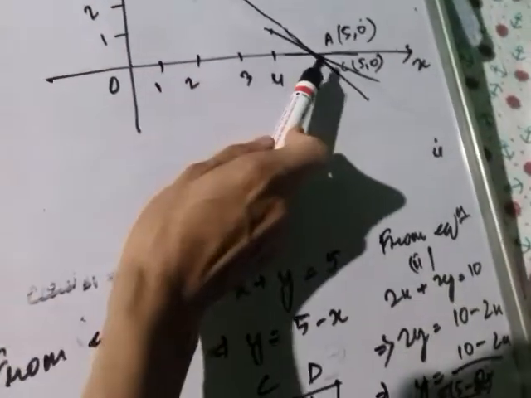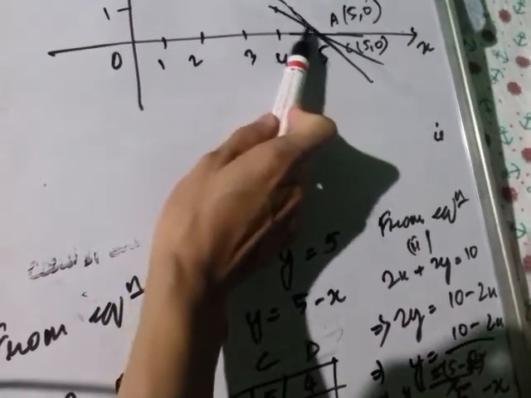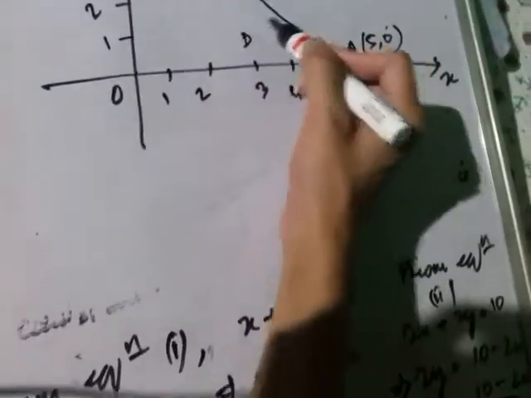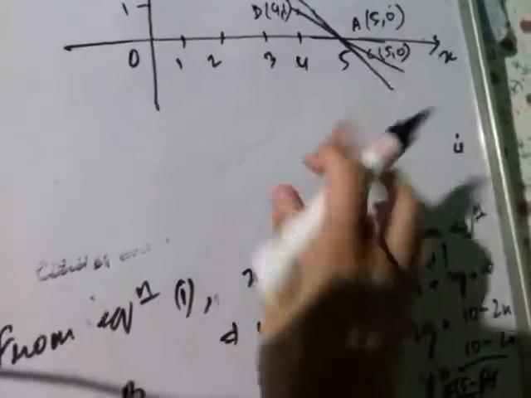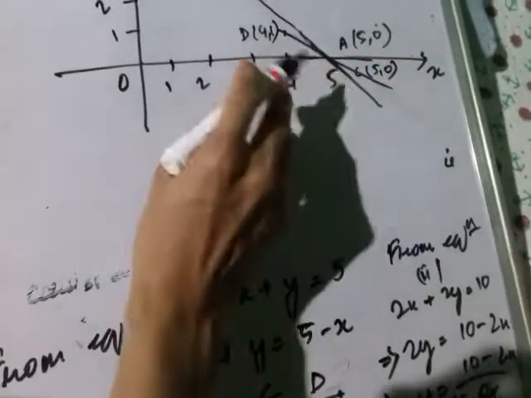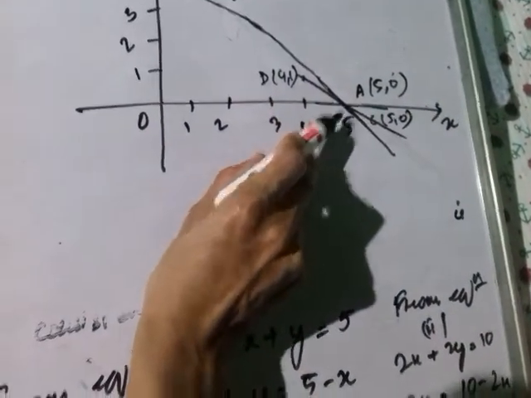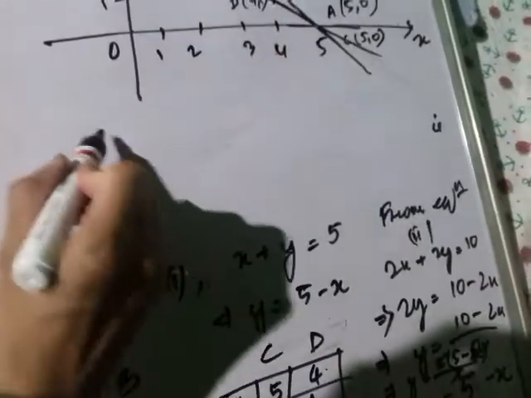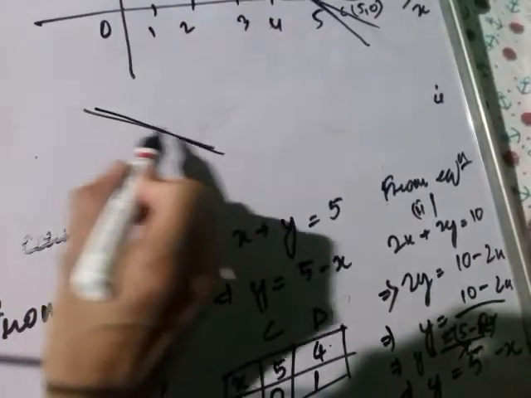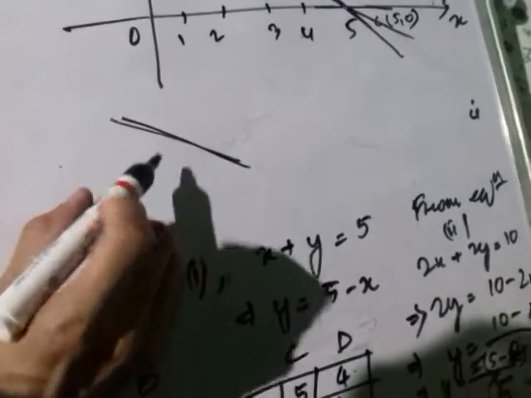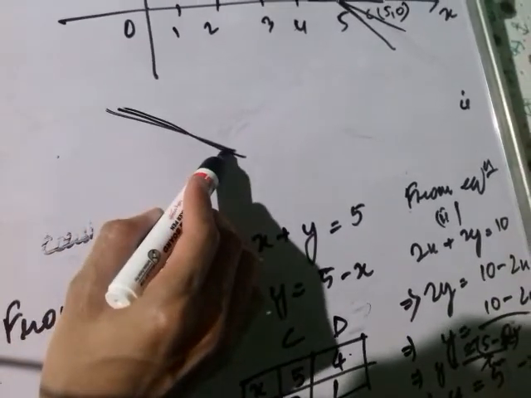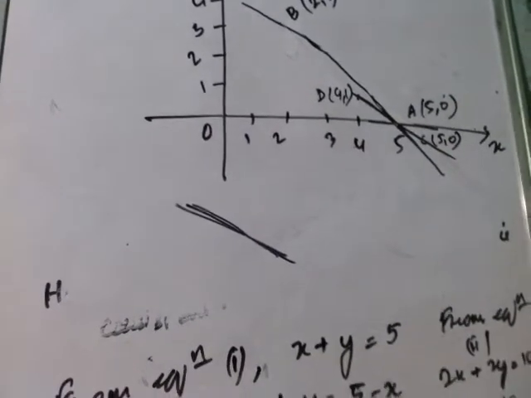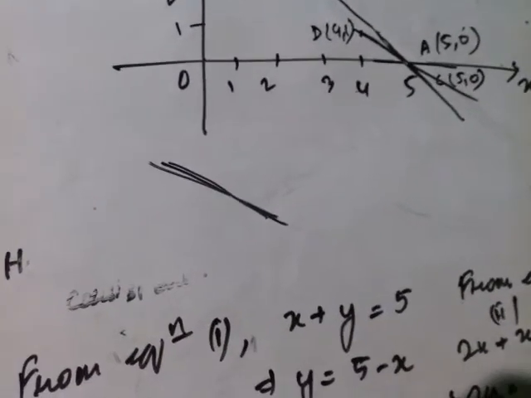That means d is (4, 1), and c will be (5, 0). So they are on the coincident lines now. That means they are on the same line. They are not exactly intersecting, but they coincide with each other. Okay, so if they coincide with each other, that means they have infinitely many solutions.